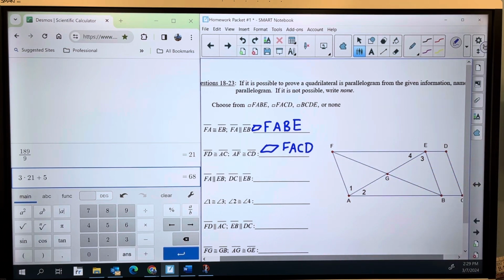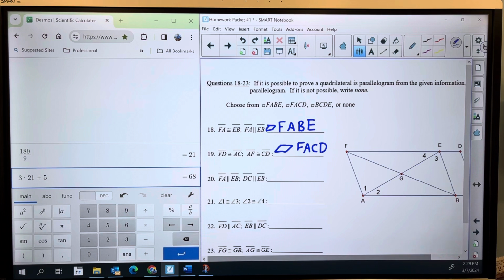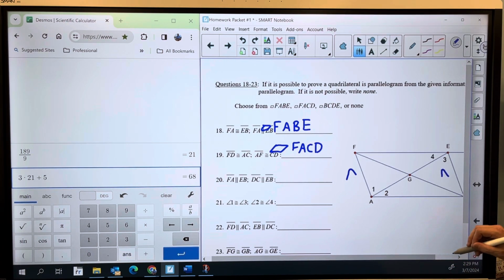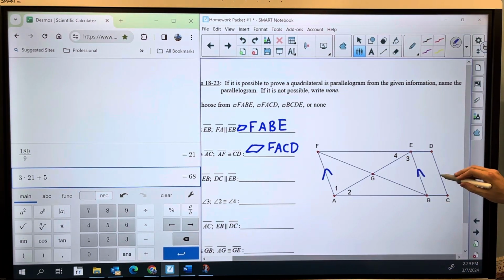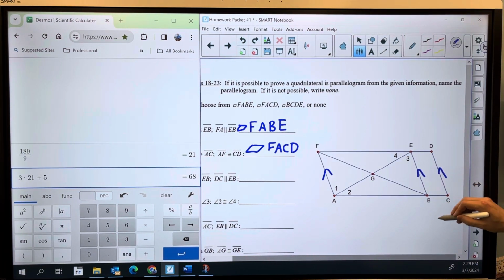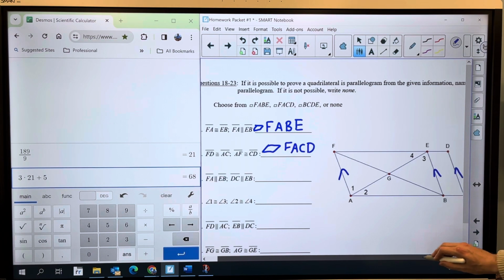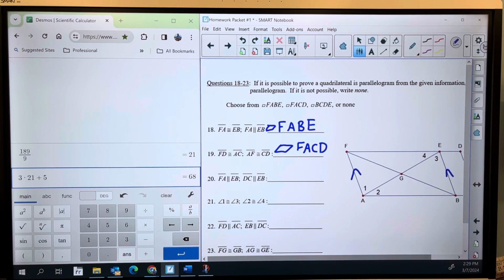All right, third one. When we look at this, we've got some parallel sides. So FA is parallel to EB. Cool. And then DC is parallel to E. Oh, no. So now, notice we've got 3 parallel lines.